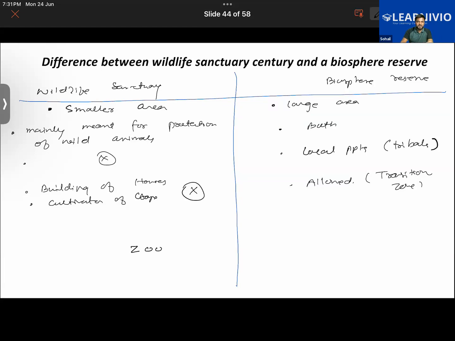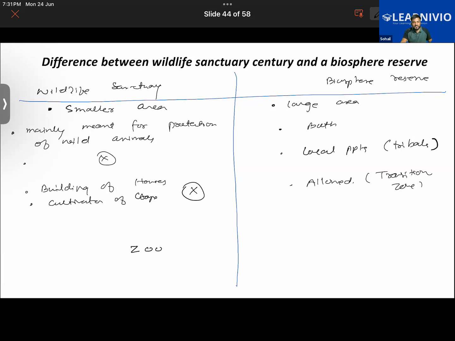One basic difference is that wild animals and birds in a wildlife sanctuary live in their natural habitat, while in a zoological garden they are kept in cages and enclosures, living in an artificial setting.